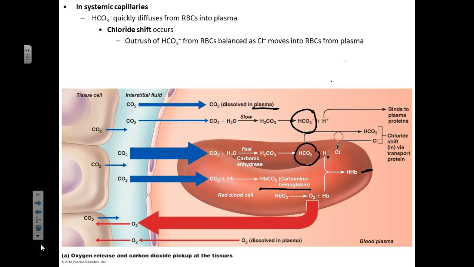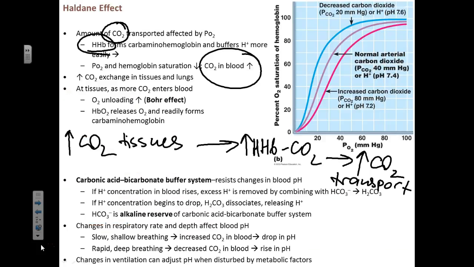This molecule can readily bind CO2, therefore further increasing CO2 transport in the blood and getting rid of CO2 in tissues faster, bringing it back to the homeostatic condition normally. Does that make sense?